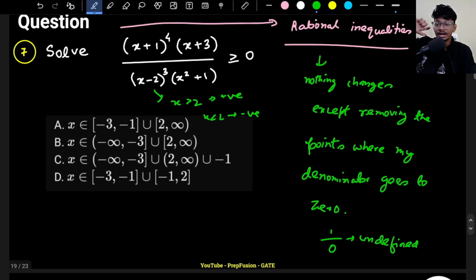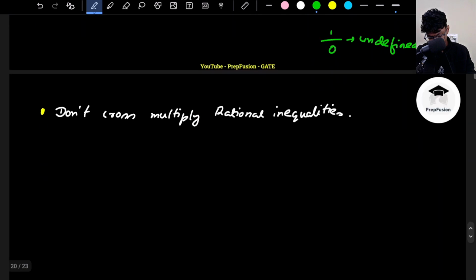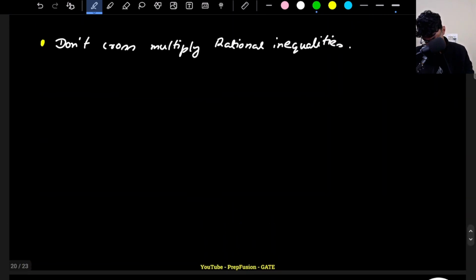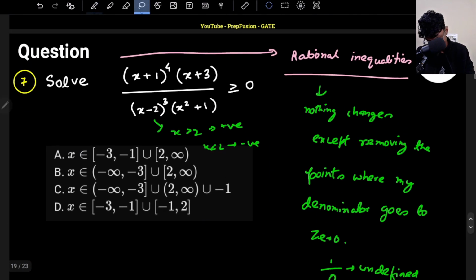So first, let me plot the critical points. Let me write the critical points. I will just copy this function.